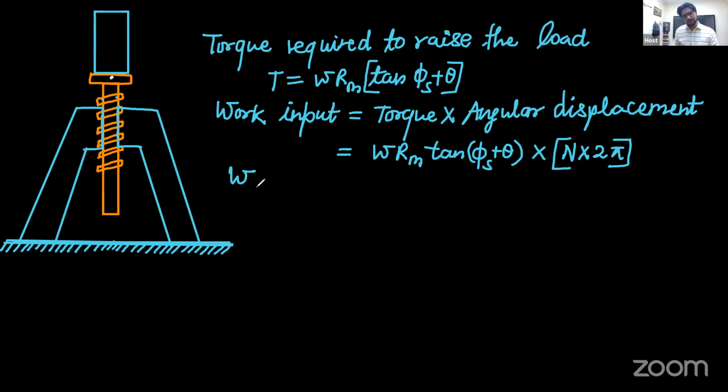So my dear friends, the work input is W into Rm multiplied by tan(phi s plus theta), further multiplied by 2 pi n.